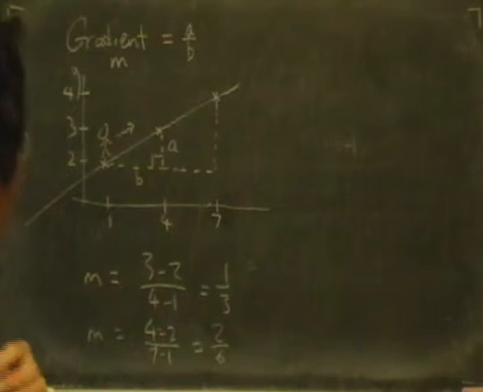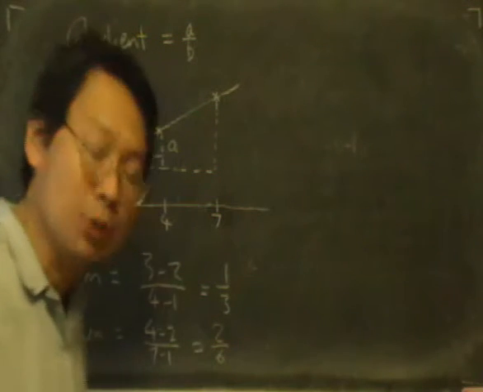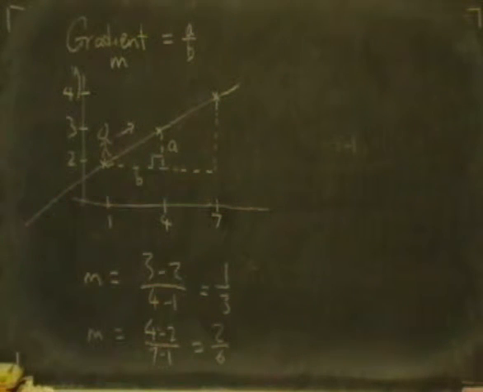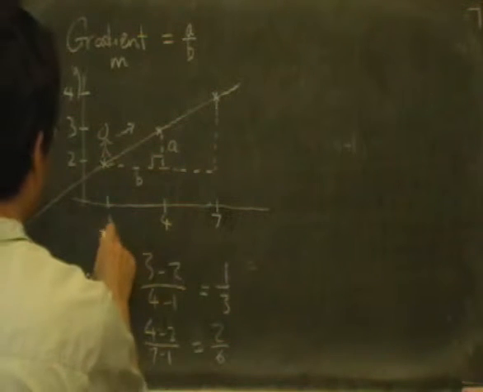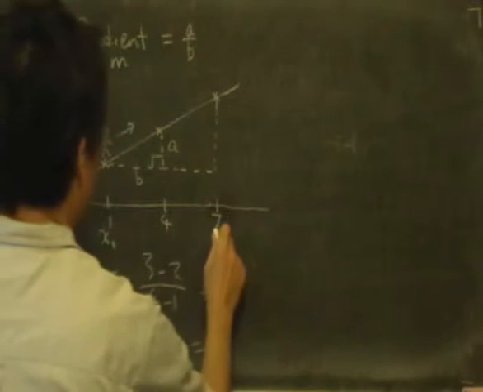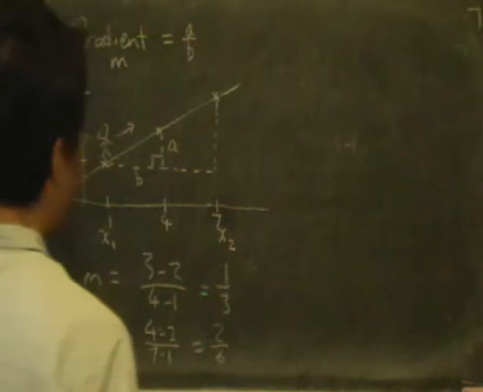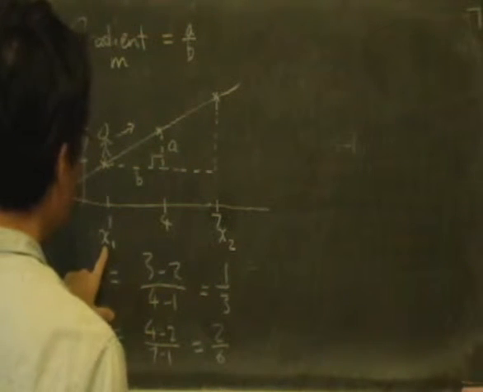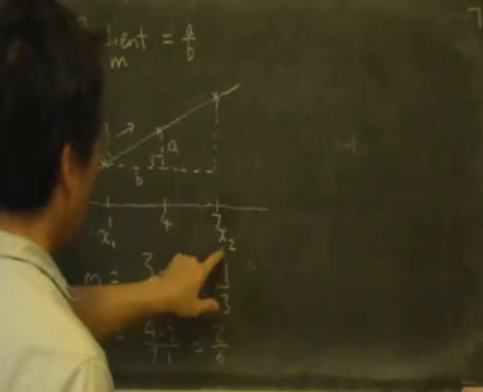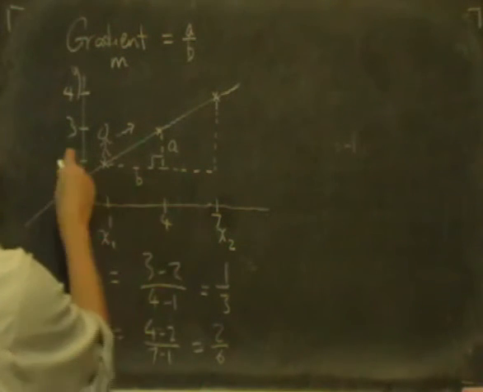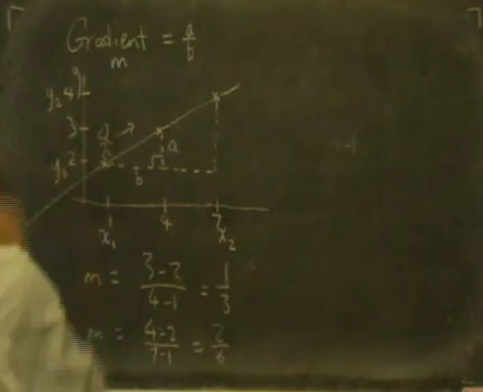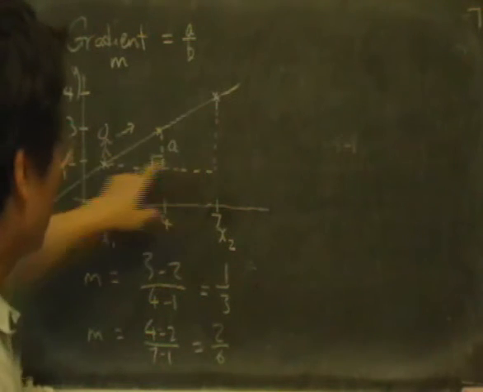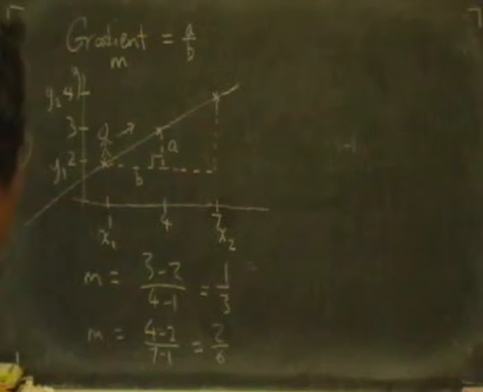Okay, and like before, let's make a formula for this gradient. So to make a formula, instead of using numbers, we replace it by symbols, so that I can use it for other values. So x1 is this number, I'll let x2 be that number. I'll call this y1 and that y2. So I'm looking at the big triangle. Okay.